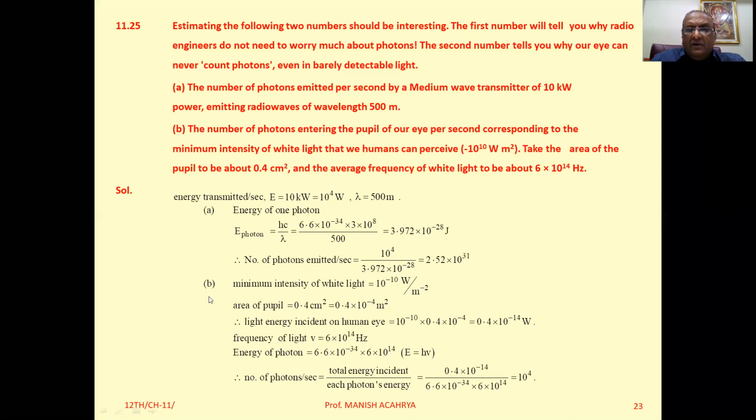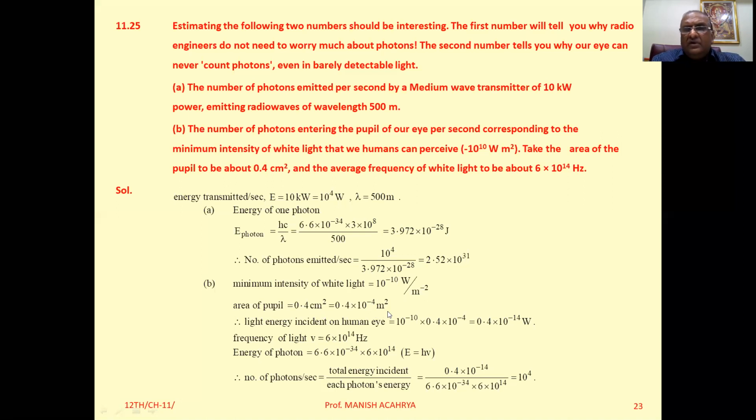Then B. Now intensity of light, that is 10 raised to minus 10 watt per meter square. This intensity means amount of energy incident per unit area per unit time. The area of the pupil that is given to you 0.4 centimeter square, that is 0.4 into 10 raised to minus 4 meter square.